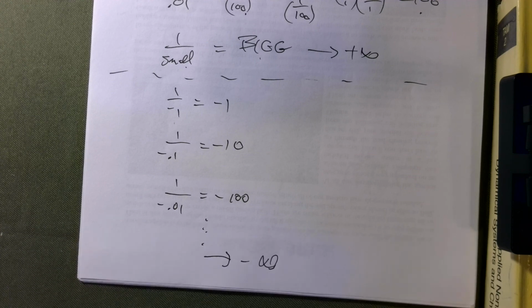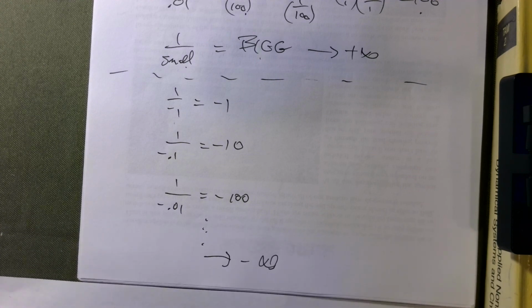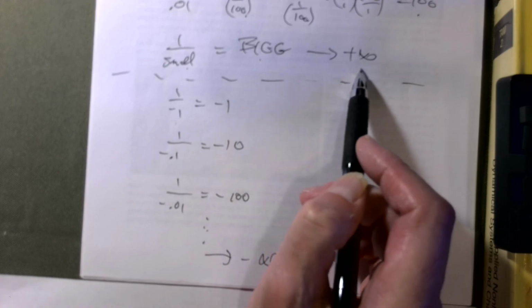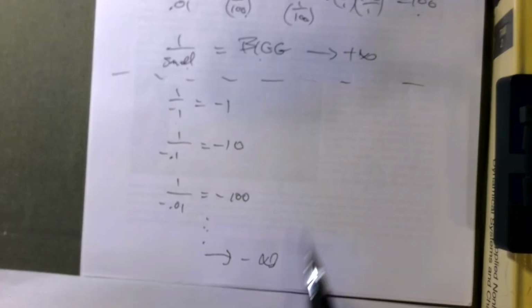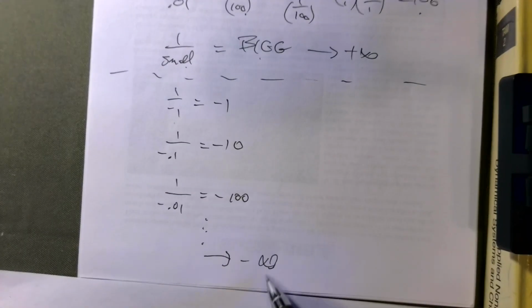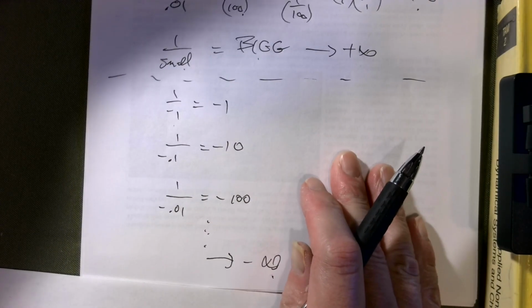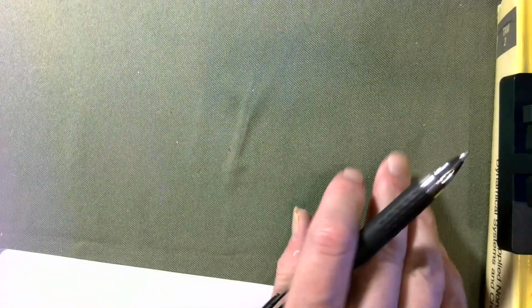Notice that these numbers are approaching what? Negative infinity. You have two problems. When you make the denominator small but positive, you're approaching positive infinity. When you make the denominator small but negative, you're approaching negative infinity. So from an algebraic point of view, you've got a problem.